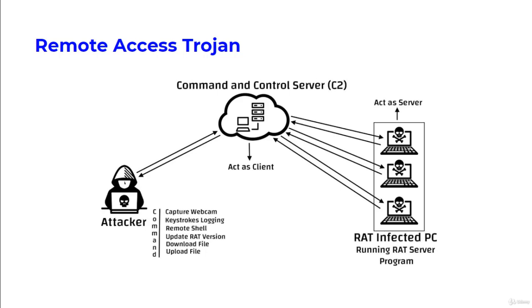A common example of a remote access Trojan is NJRAT. NJRAT is a remote access Trojan that can download and execute additional malware, execute shell commands, read and write registry keys, capture screenshots, log keystrokes, spy on webcams, and many more.